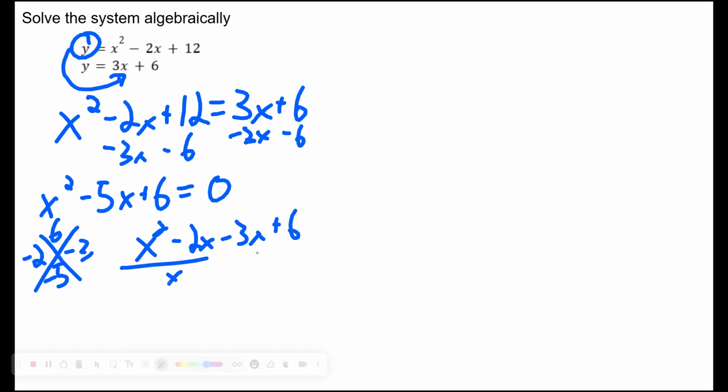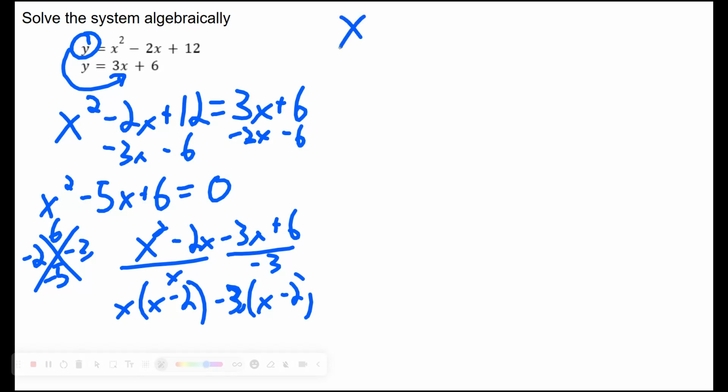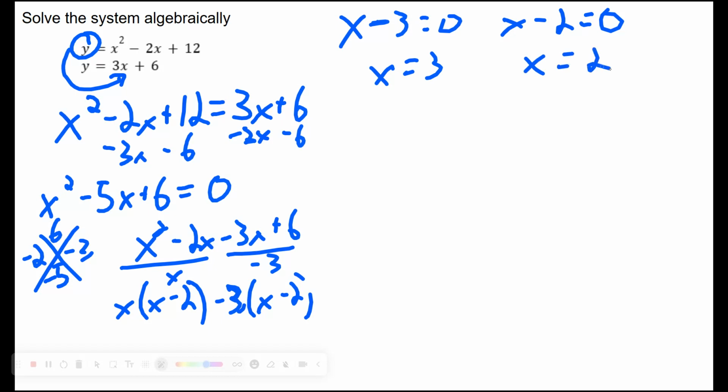Take out x from this side, negative 3 from the other, leaving me with x minus 2 and x minus 2. So I know that my two x values are going to be x equals 3 and x equals 2.